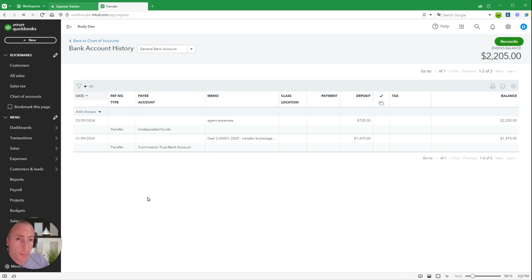The net of those 2 would be equal to the amount of the deposit that you receive. And that's how you can account for these expenses correctly and keep that undeposited funds balance at a level close to zero.